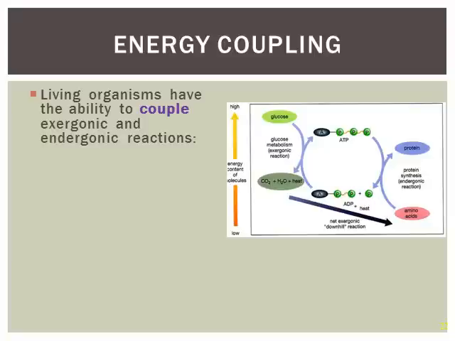So we've got a double coupling here. On the left, we're building ATP, which is endergonic, from the exergonic glucose metabolism. On the right-hand side, we're building amino acids into proteins, an energy-requiring reaction, by breaking down ATP, which is an exergonic reaction. So, 2 examples of coupling here.